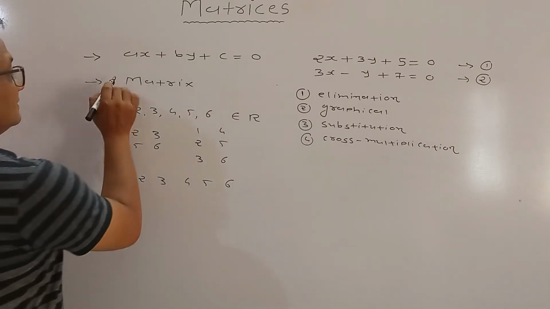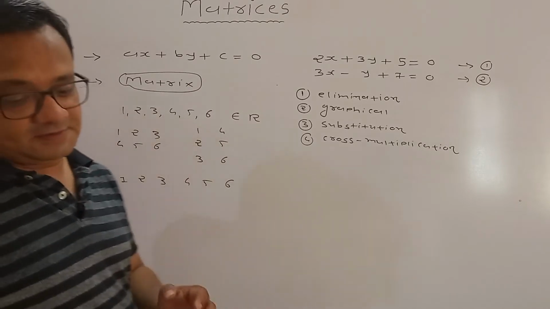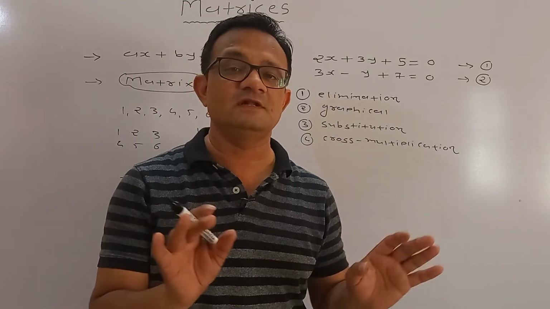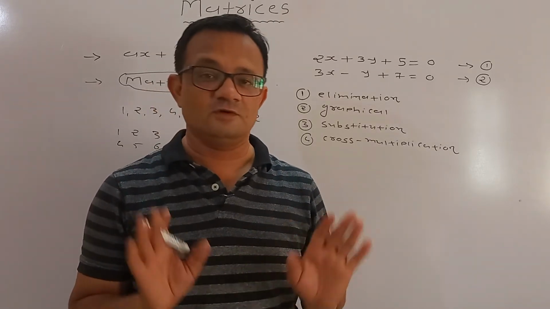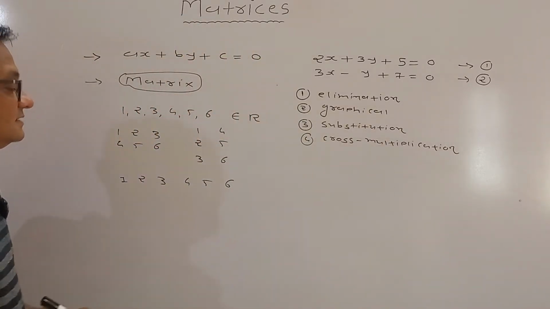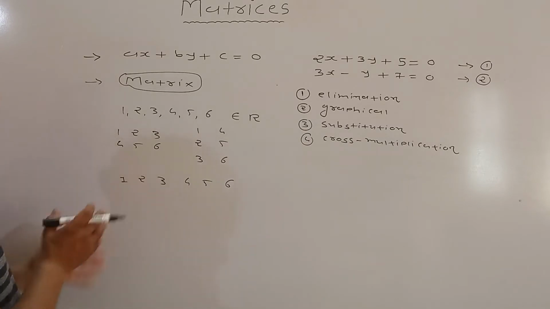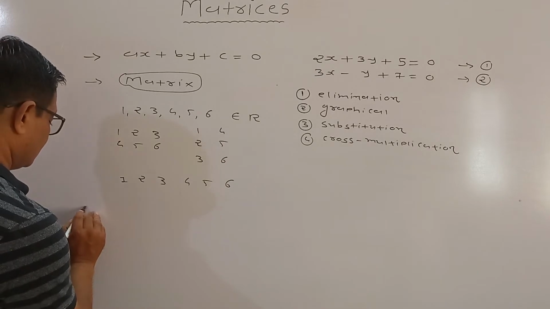So the simple definition of a matrix is only an arrangement of real numbers in form of rows and columns. This arrangement is in rectangular form, or maybe square, and a square is also rectangular. So all arrangements are done in rectangular form. Okay, now next one.